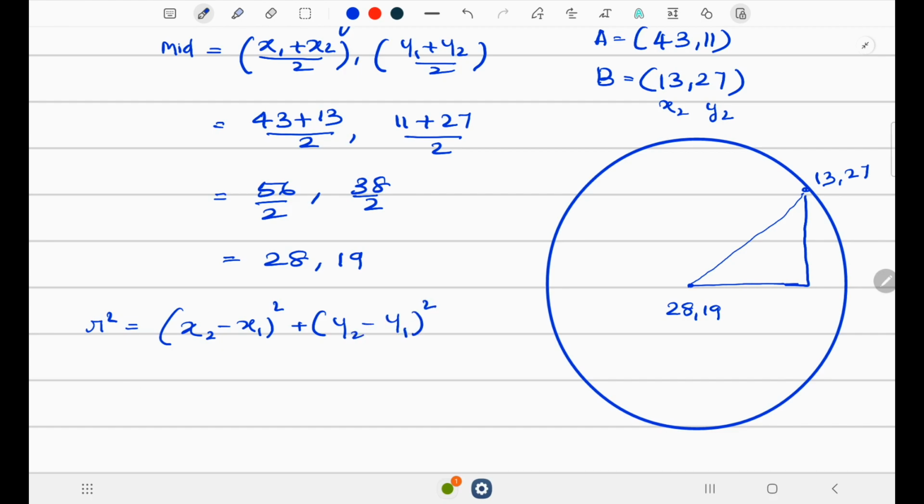It is a formula. What is x2? Take anything as x2, this is 28.